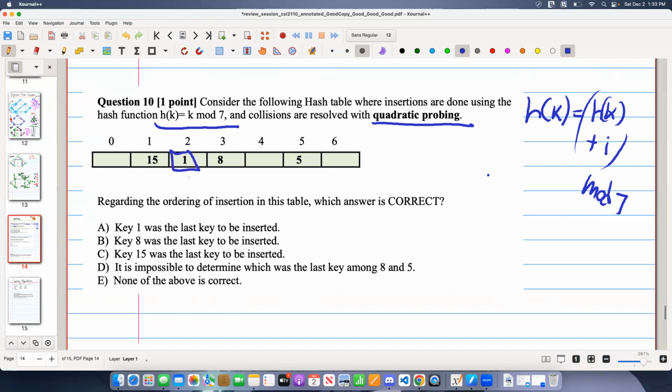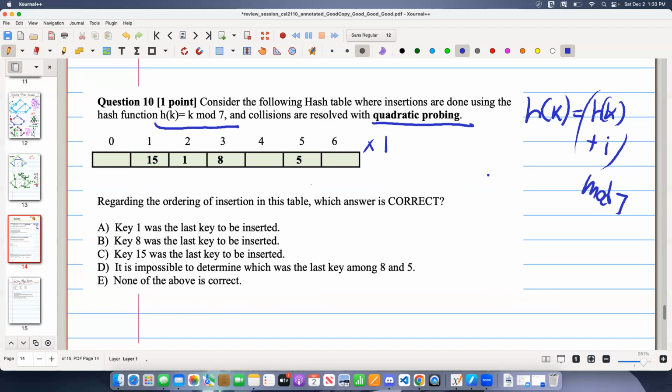this 1 could not be first. Why? Because 1 mod 7 is 1. If 1 was first, then it would have been in the 1 slot, but it's not. Okay, let's see what came first. So we know 1 is not first. How about 15? We know 15 must have been first because 15 mod 7 is 1.